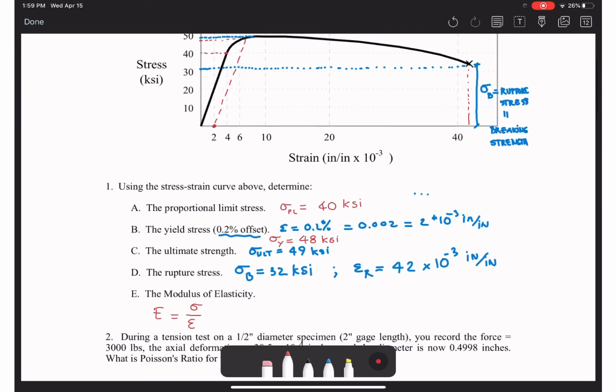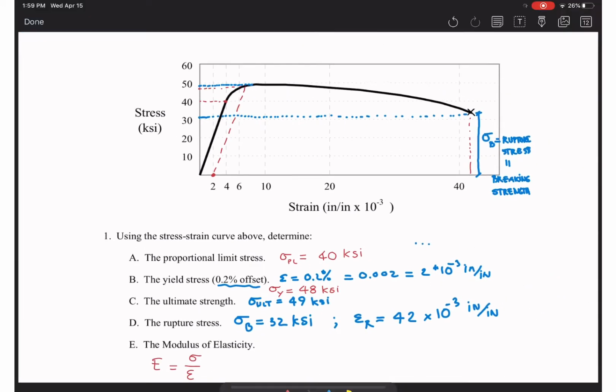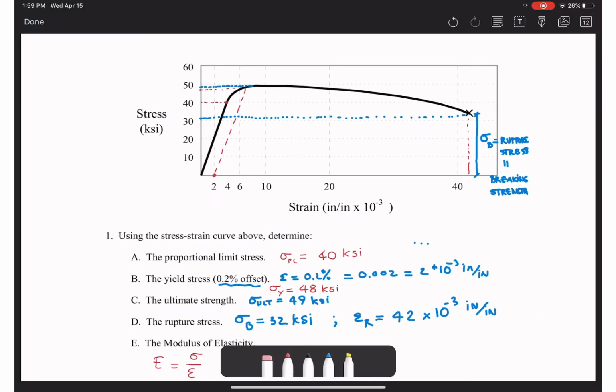So yes, you can take any point. For example, at 2 times 10 power negative 3 there, go up.